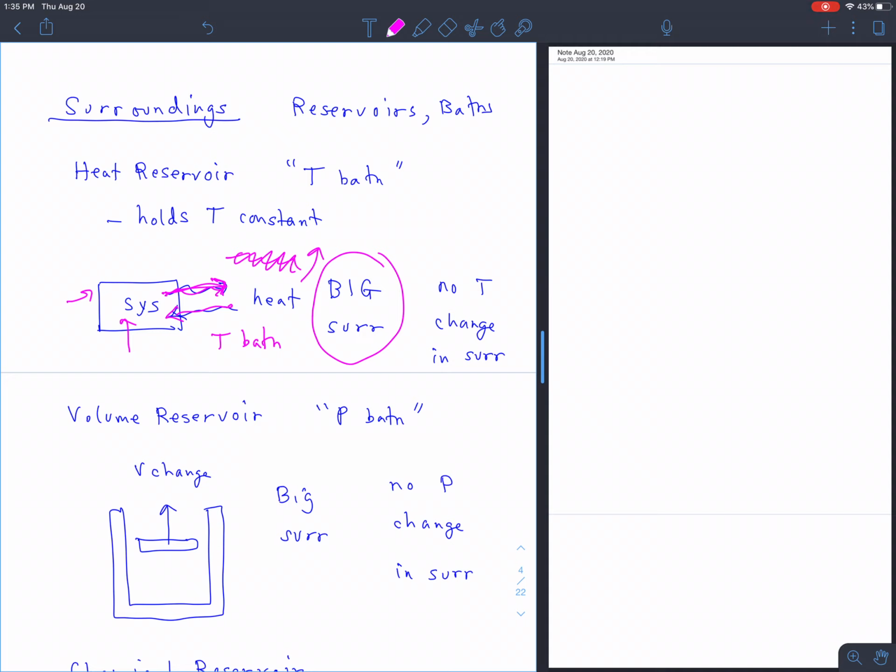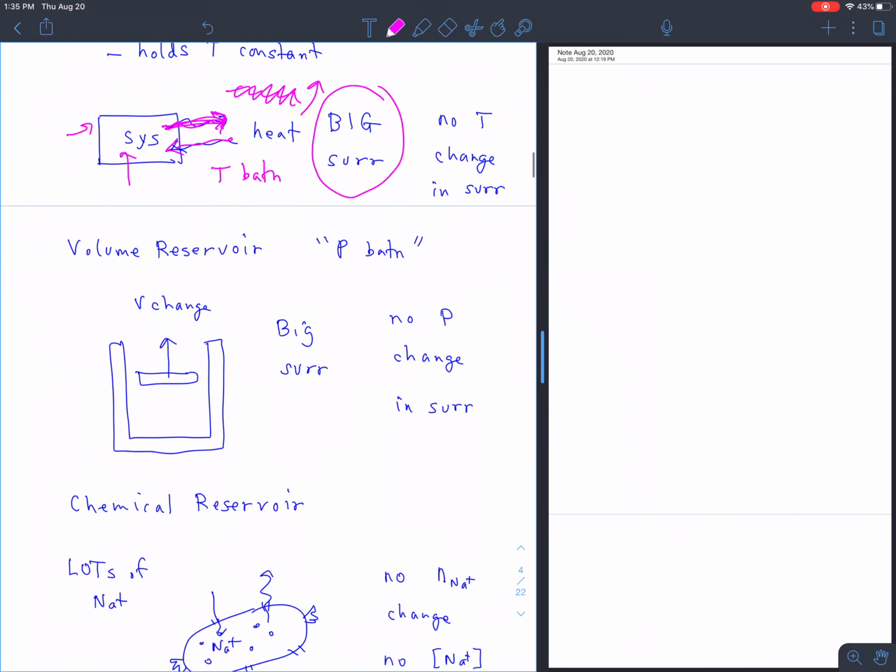But if they're huge, they're too big to be affected by any small amounts of energy that flow out, and so there's no temperature rise. In that case, they act as a T bath, or a heat reservoir, as it's sometimes called. Then temperature becomes one of the natural variables.